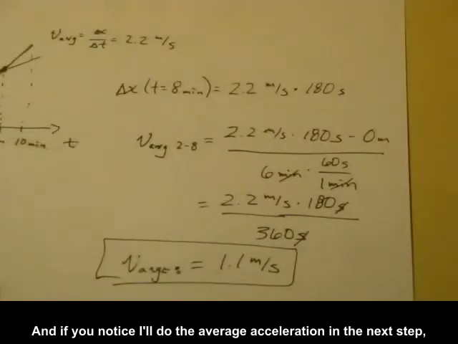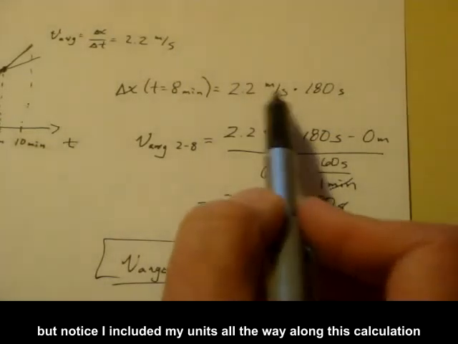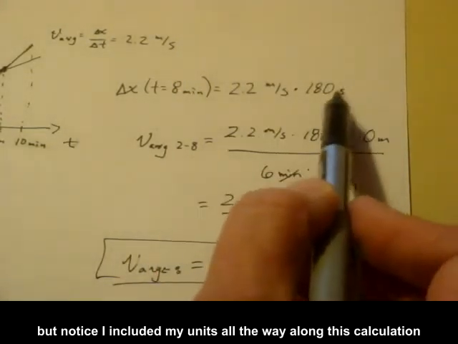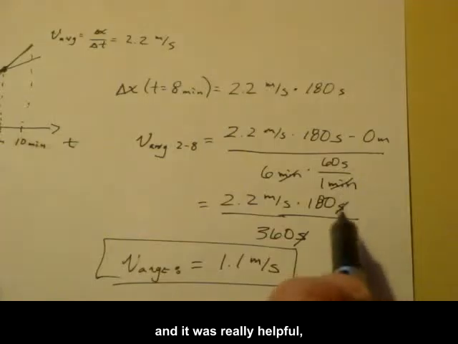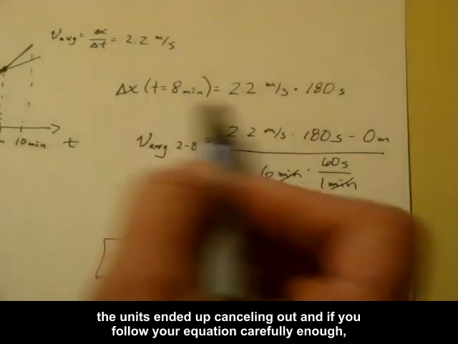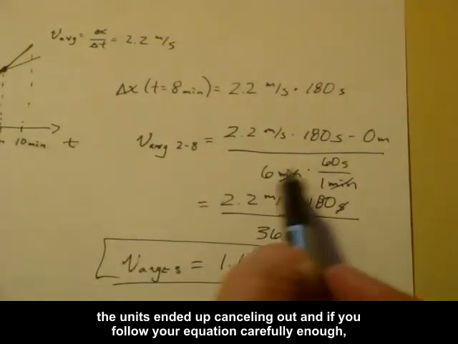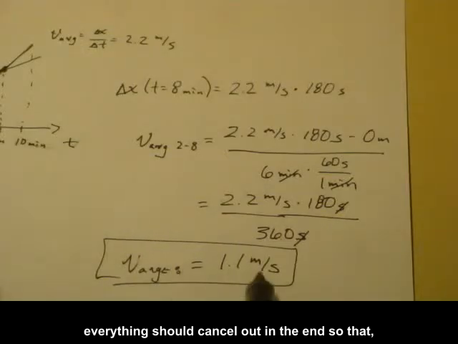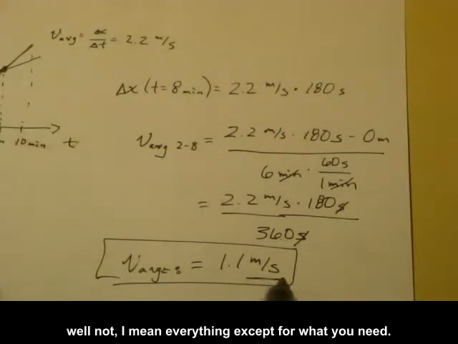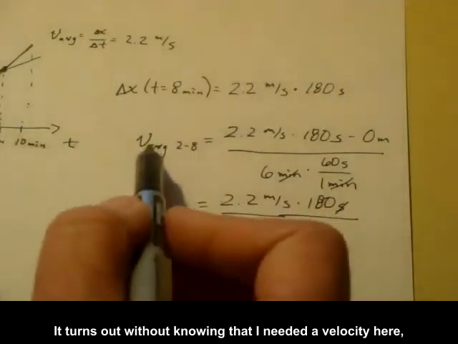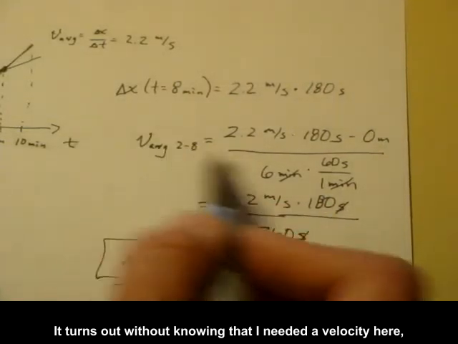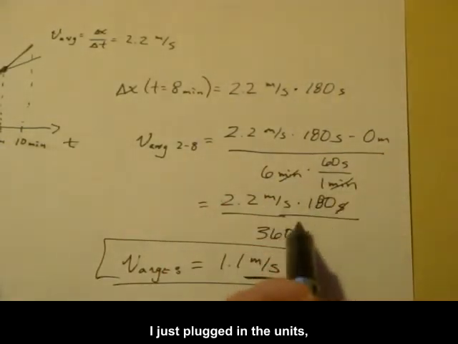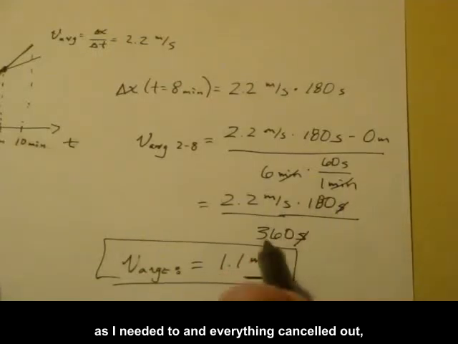And if you notice, I'll do the average acceleration in the next step. But notice I included my units all the way along this calculation, and it was really helpful. The units ended up canceling out, and if you follow your equation carefully enough, everything should cancel out in the end, except what you need. It turns out, without knowing that I needed a velocity here, I just plugged in the units as I needed to, and everything canceled out.